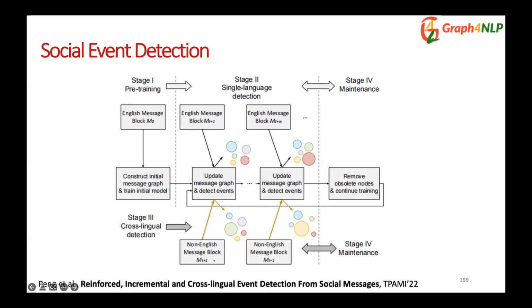In stage 3, if you have non-English message blocks, they use an existing model to map the representation of the messages into the English message semantic space and reuse the model trained on the English corpus. In the maintenance stage, which is stage 4, it removes the obsolete nodes and performs continuous learning. The main focus in this stage is how we can maintain a suitable size of the message graph so that we can have high efficiency in detecting events online and incrementally.